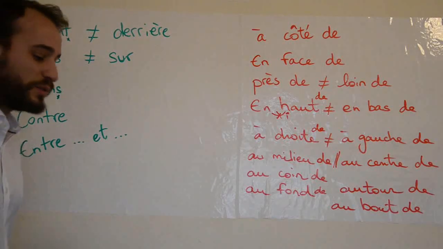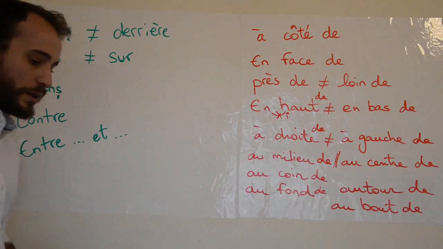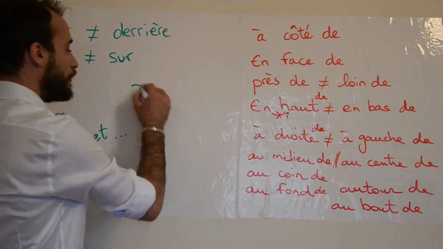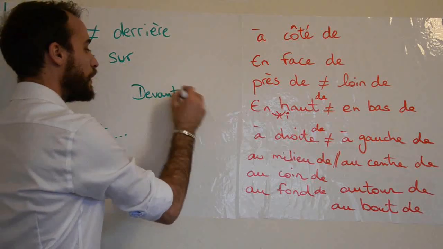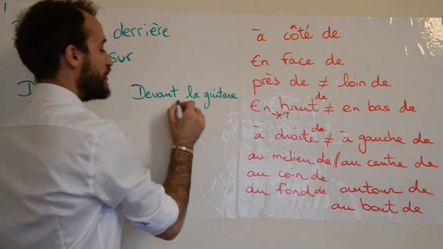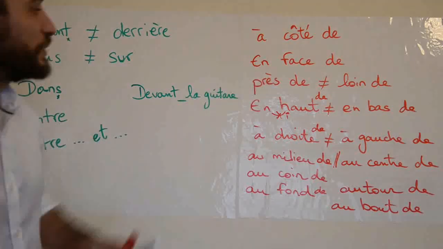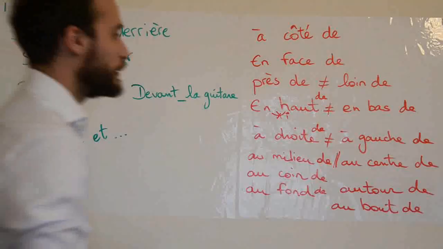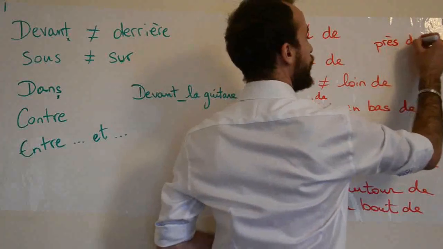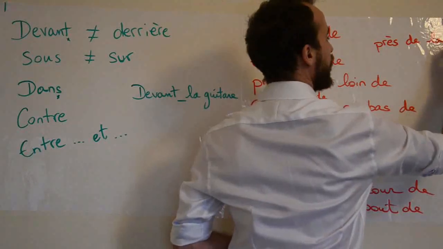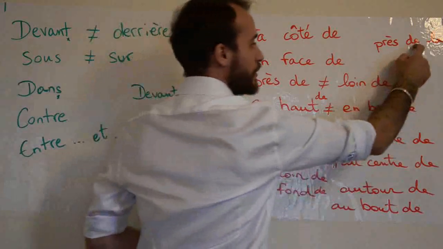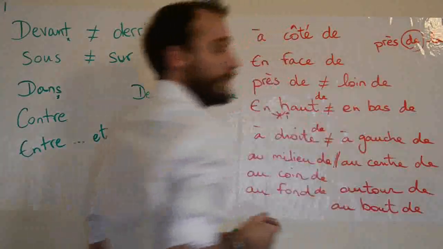So for instance, if you're talking about the guitar, then you will have to say devant la guitare. There's nothing here. But if you want to say close to the guitar, then you have to say près de la guitare. So here you have de.